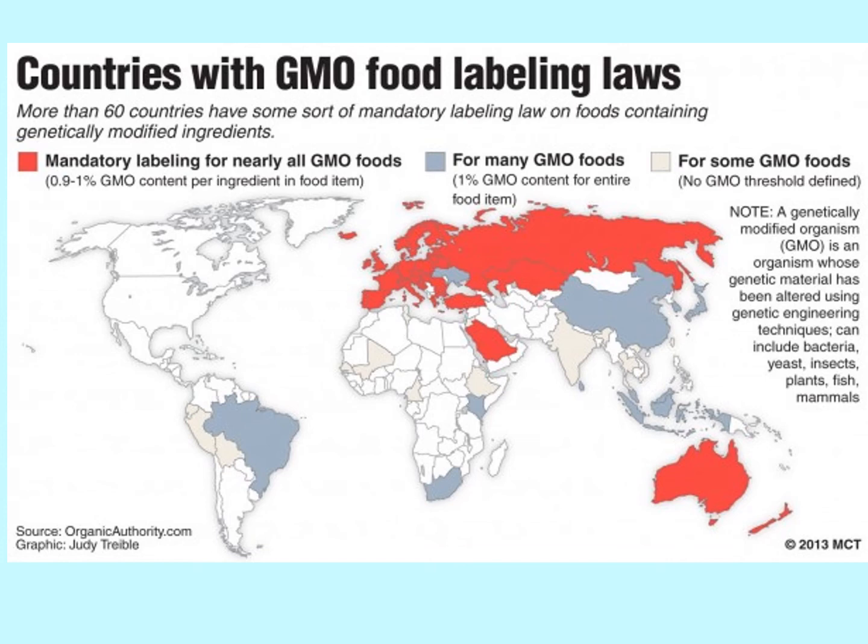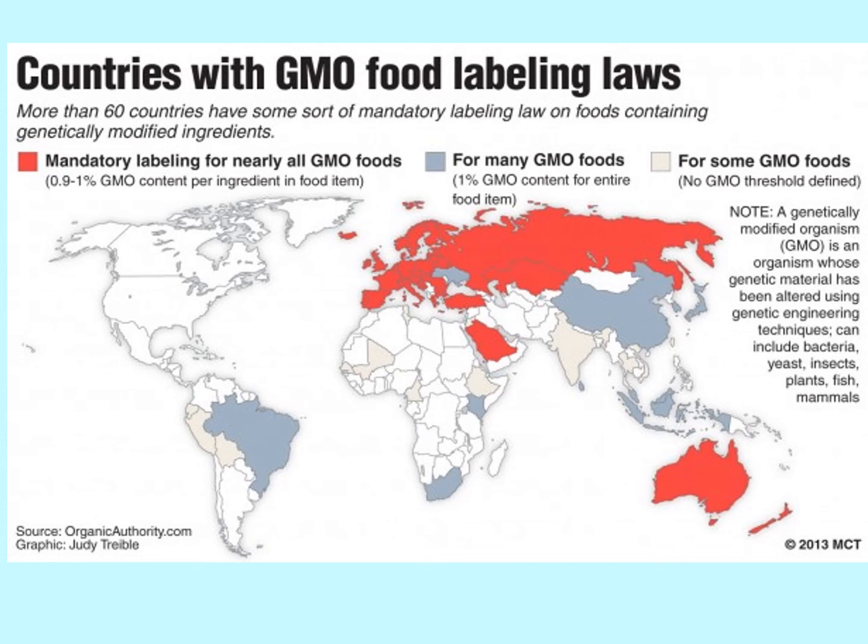And then those in tan don't have a threshold, but they do have to label some genetically modified foods. Now, what's different is that the United States, as I'll talk about in a minute, now has a new food labeling law. But for us, it's the entire food, and it's way above anybody else's threshold.